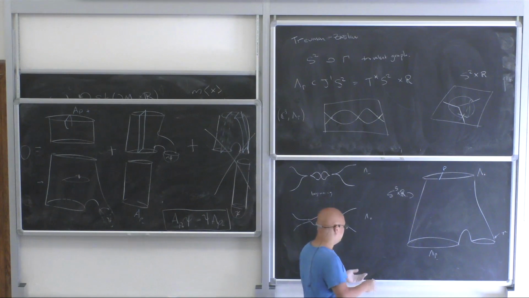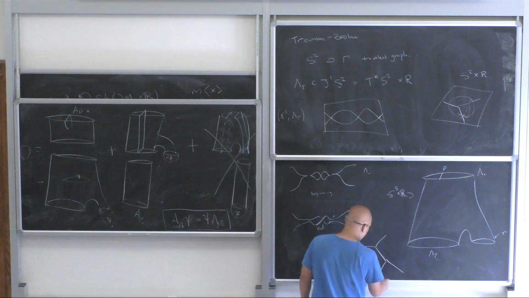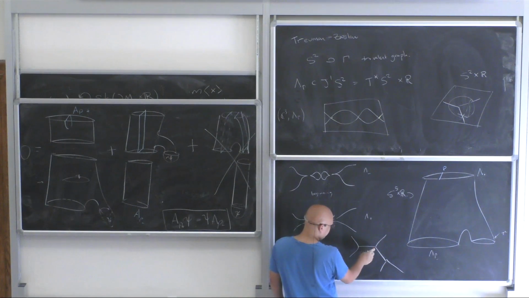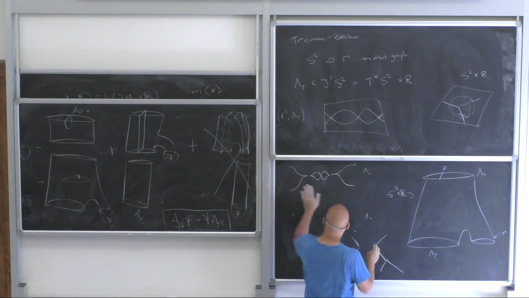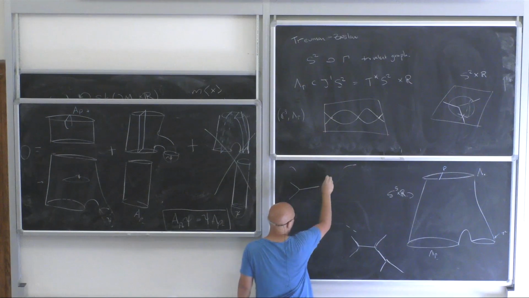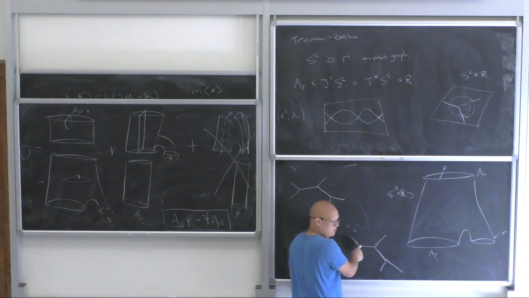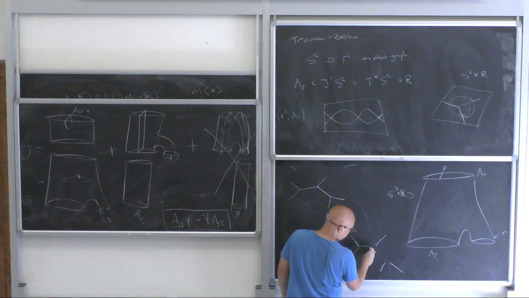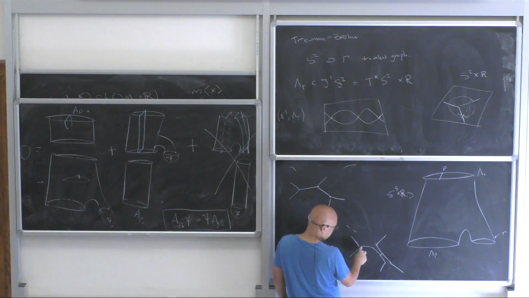Well, I don't know. Let's see. Okay, so if I shrink first this edge, I should draw two copies of this graph. So here's one copy, and here's another copy. I'm gonna shrink this edge first, and then this one. Okay, so I shrink first this one, and then this one.